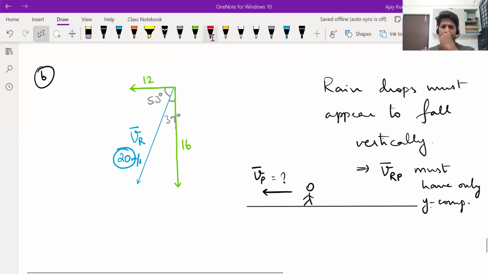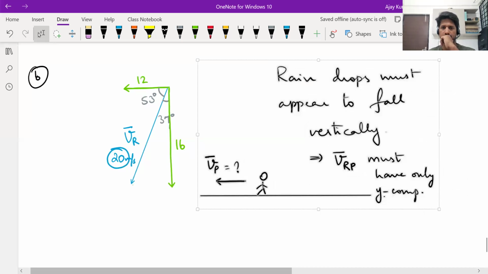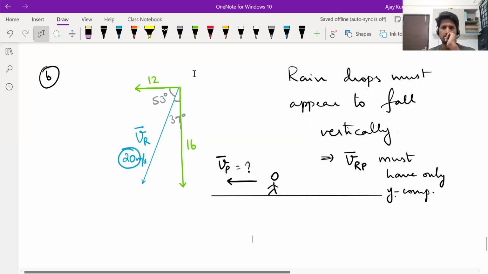Vanilla, your answer is correct only. Okay, Pawan, your answer is also correct.